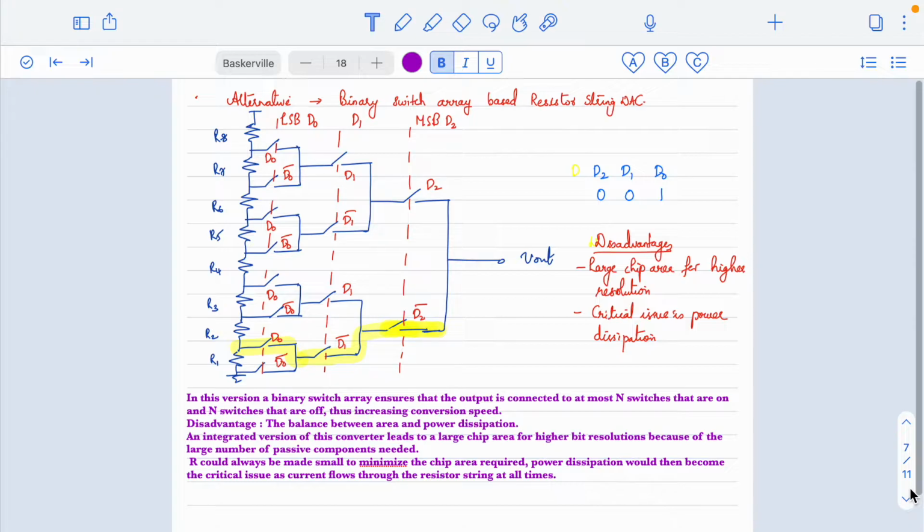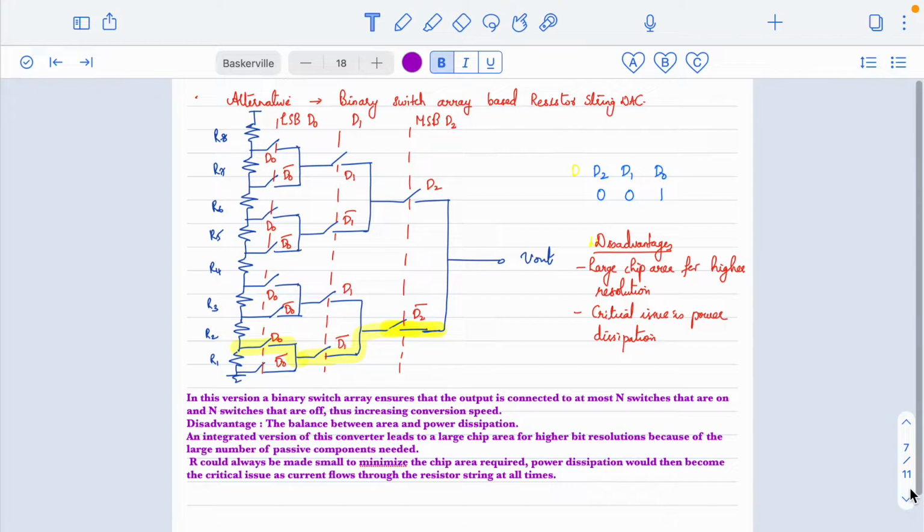The output will be connected to fewer transistors, so the capacitive load is reduced a lot, thereby the conversion speed will be good.